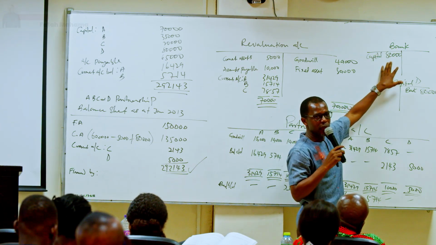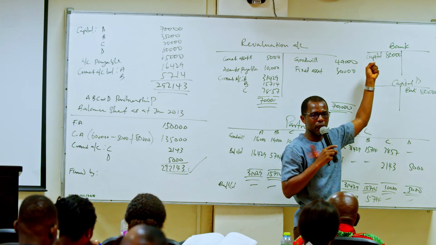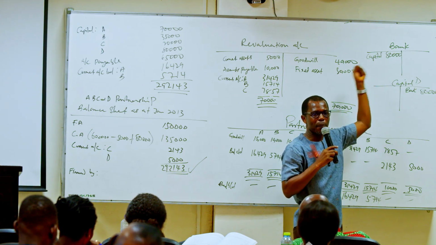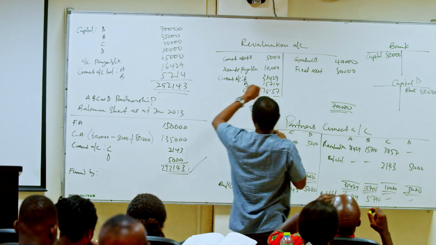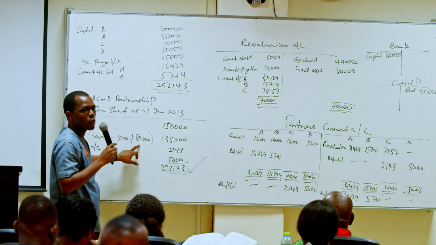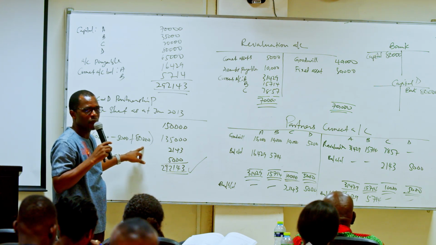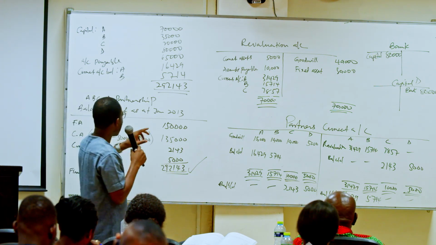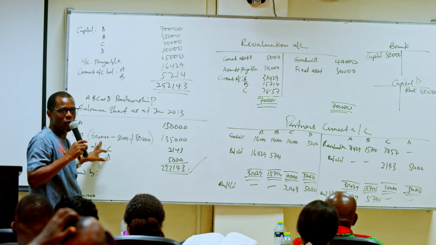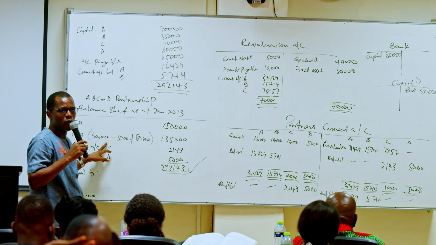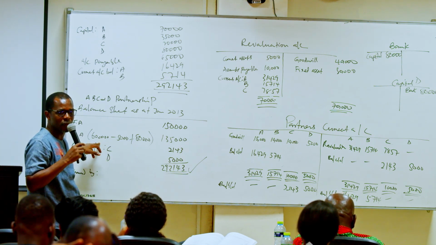So by doing this, we have increased our bank balance. Bank forms part of current assets, and that is why the current assets are supposed to go up by 80,000. Because remember the balance sheet he gave us, this number was before the admittance of partner D. So we can never say that this balance has already taken care of the 80,000.